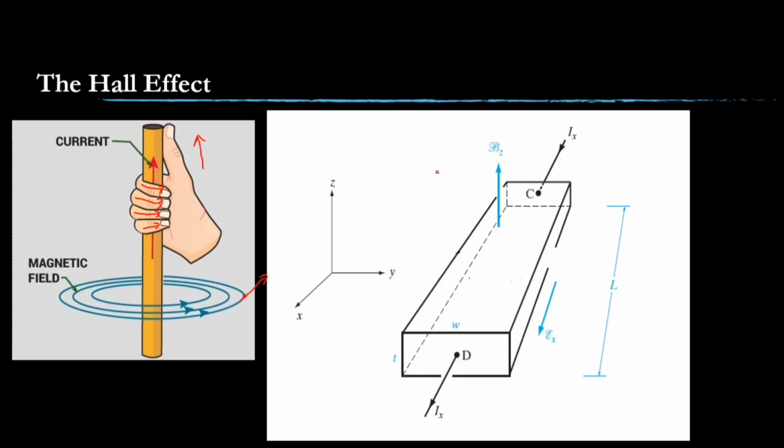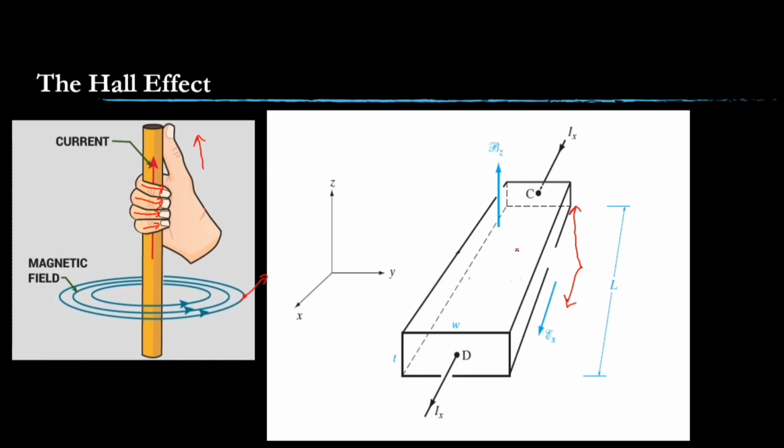Similarly, here the current is flowing in this direction, so I am assuming the magnetic field is perpendicular to this current flow. You can see the magnetic field is represented by Bz.